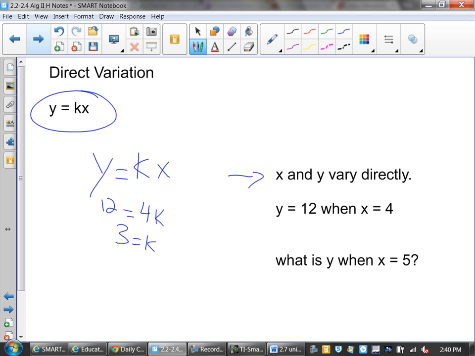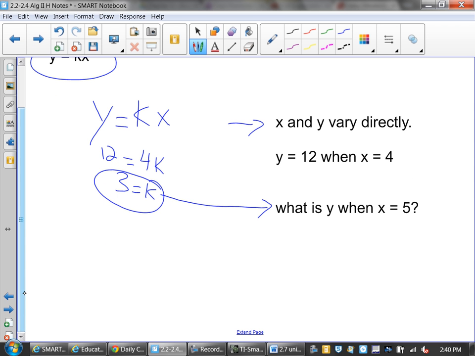Find the third. Yeah, 15. So then you just use that value here. So y is 3 times 5. You got it.